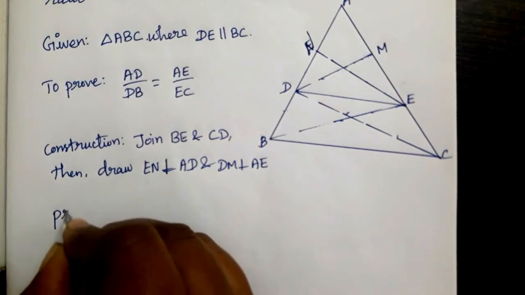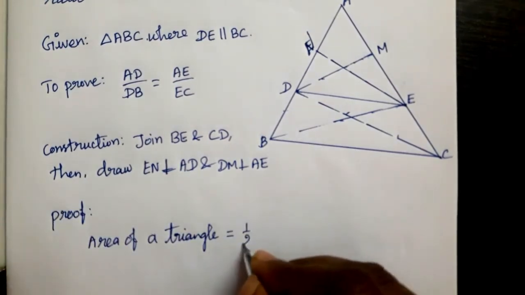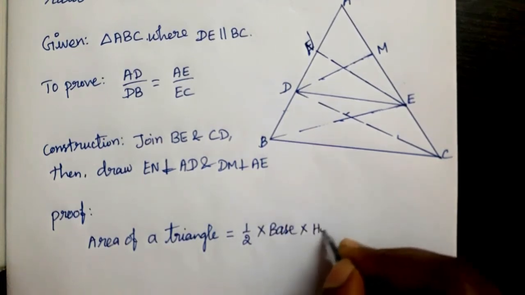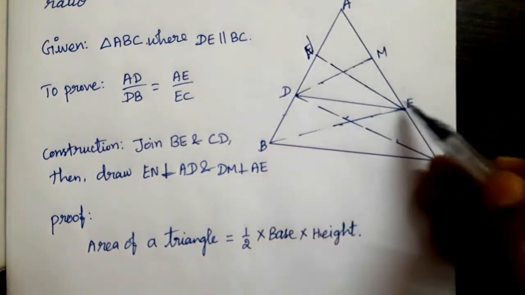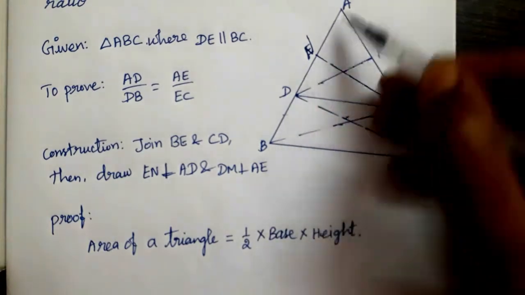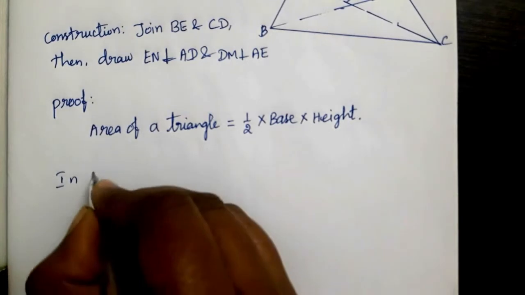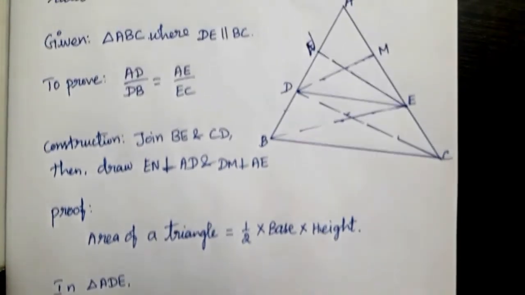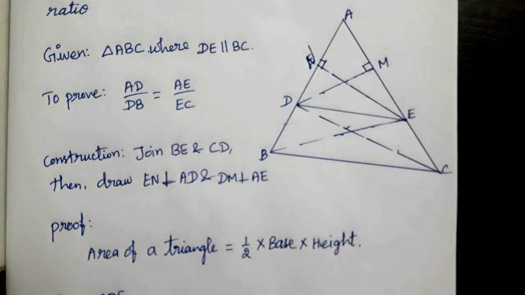Proof: we know that the area of a triangle equals half into base into height. First we take triangle ADE and triangle BDE. In triangle ADE, the perpendicular height is EN, and here the perpendicular height is DM.